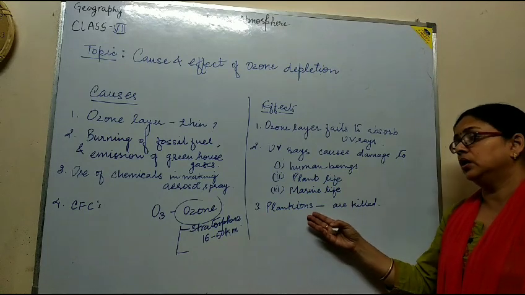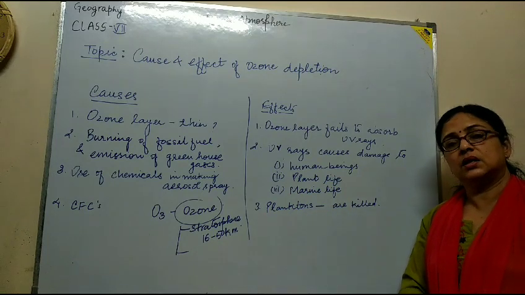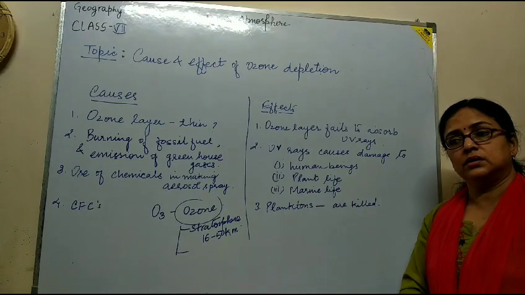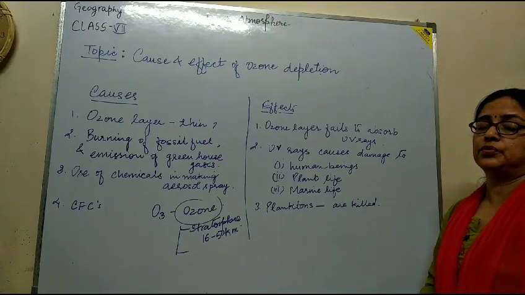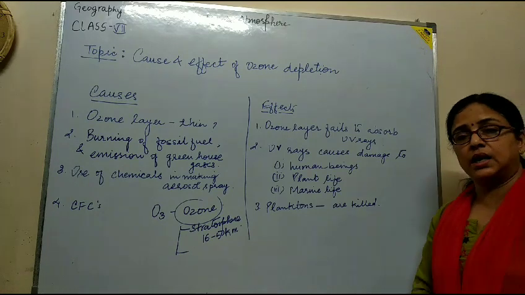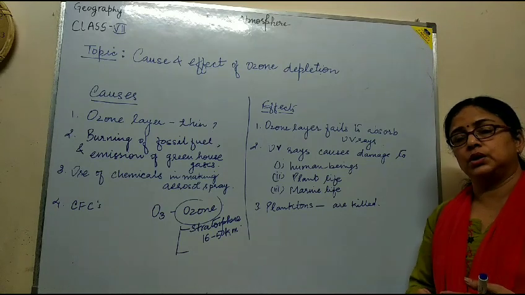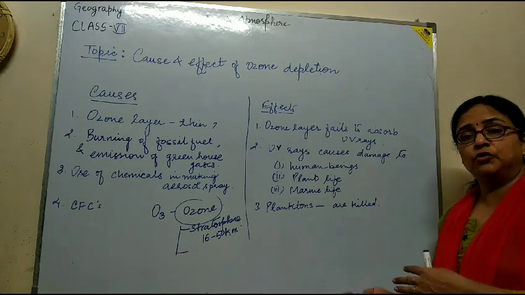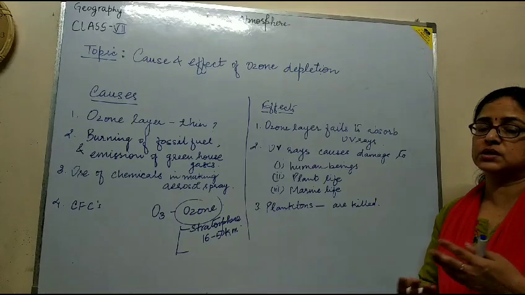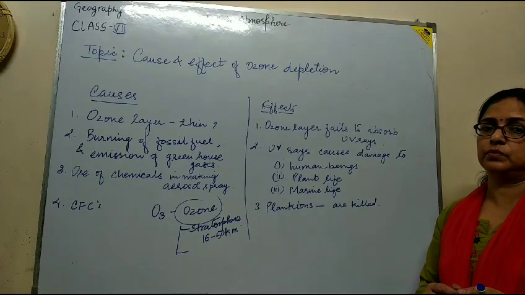Another effect is on the planktons. Planktons are killed. Planktons that are present in the oceans use the sunlight. They use photosynthesis to convert the energy from the sun into chemical energy.